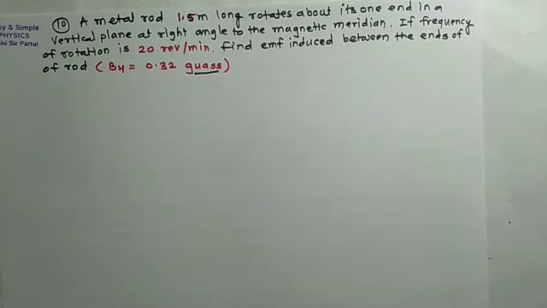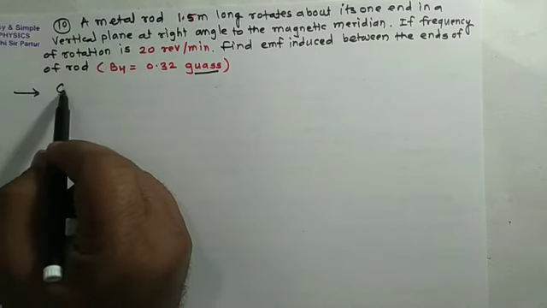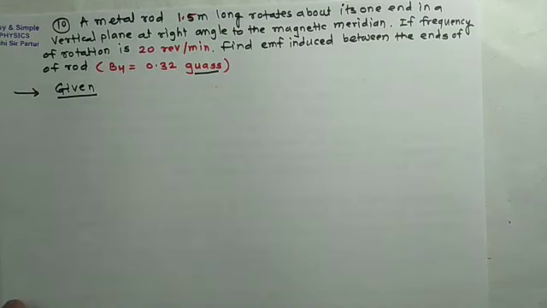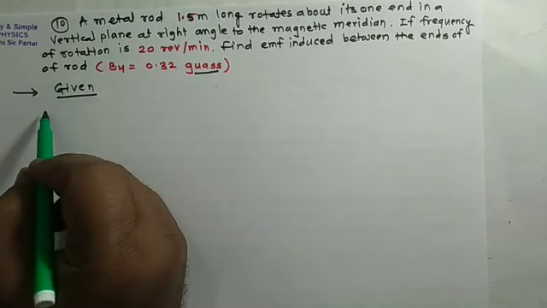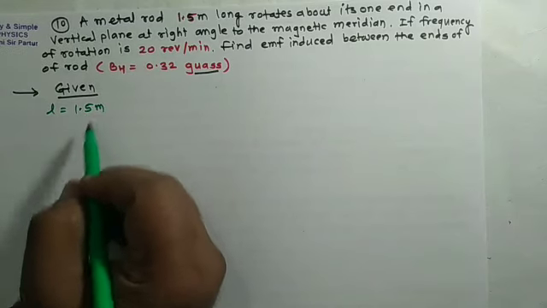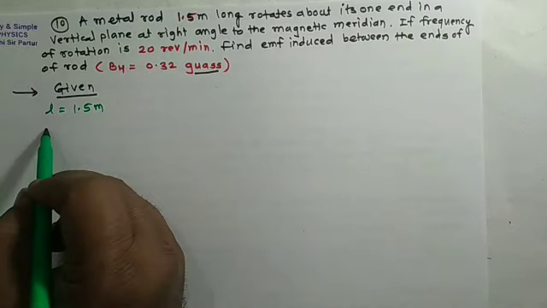So first of all, we write the given values or data. Here the data is given as length, that is 1.5 meter. Here the vertical plane is given at right angle to the magnetic meridian.